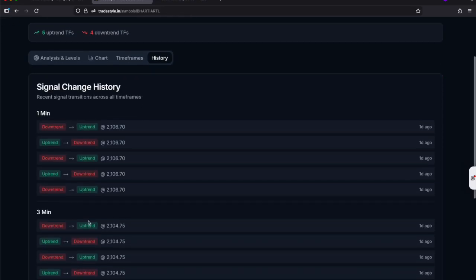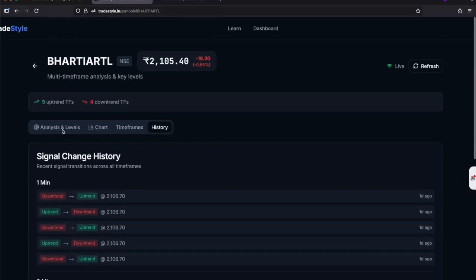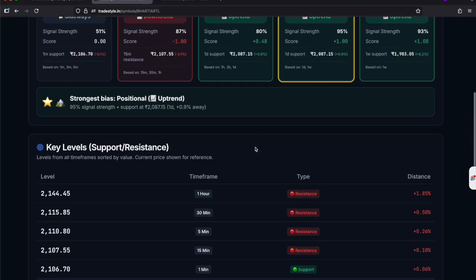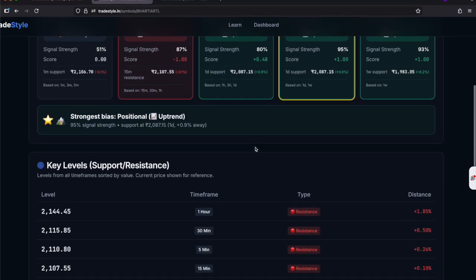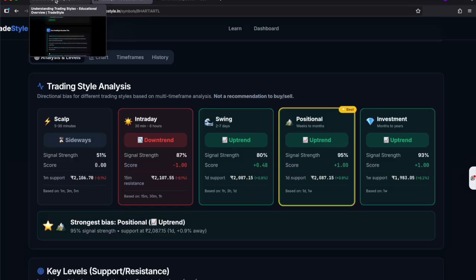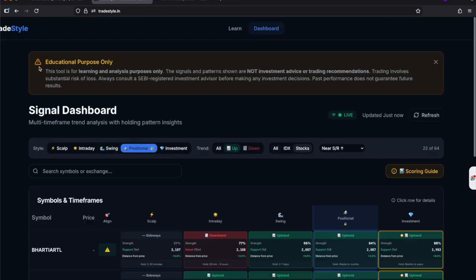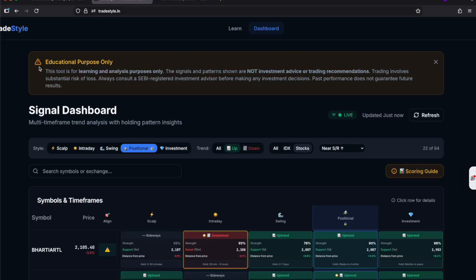It is also going to show you a kind of historical behavior for when the 1 minute or 3 minutes time frame has changed. So you do all of this analysis. This is not a tool that you should just use and go into a trade. This is going to help you, because sometimes all of this information becomes overwhelming to new investors, specifically those traders who are very new.